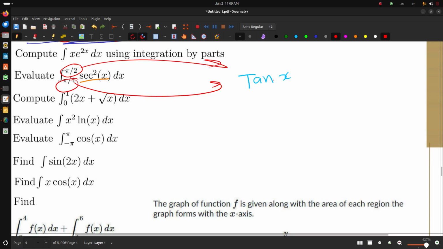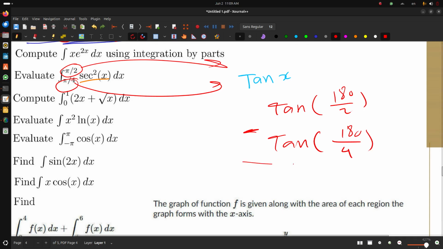So pi over 2, which is 180 over 2, we will use it as degrees. So it will be tan of 180 over 2, and then tan of the second number, which is 180 over 4 because it's pi over 4, and then we get their difference. This is 90, this is 45, yeah.